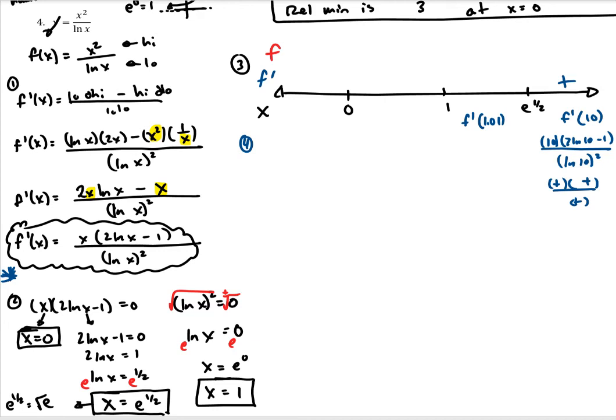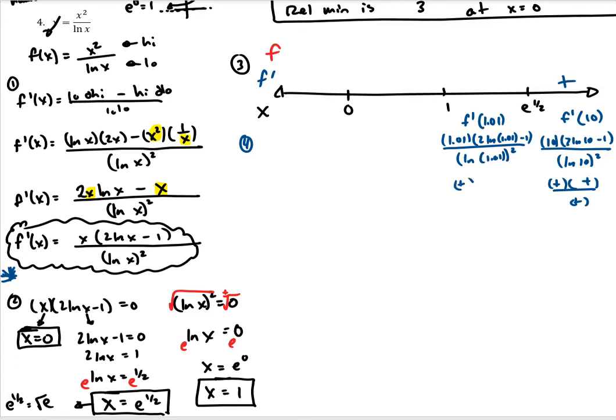And when we plug it in, 1.01 goes into that x, and then we'd have 2 ln of 1.01 minus 1 all over natural log of 1.01 squared. Okay, so I've squeezed it all in there.